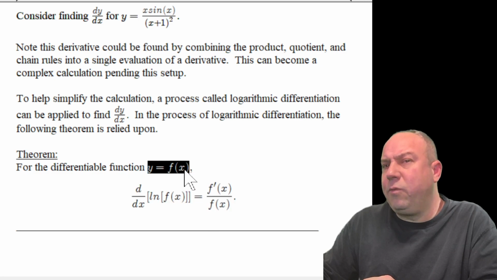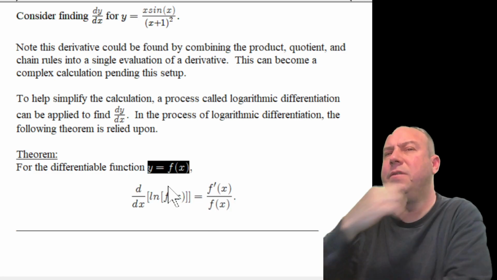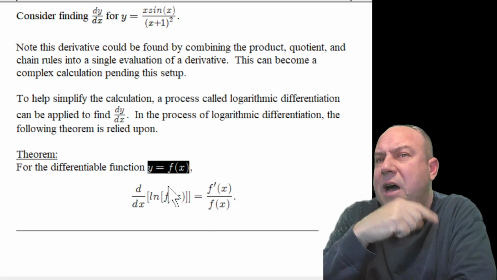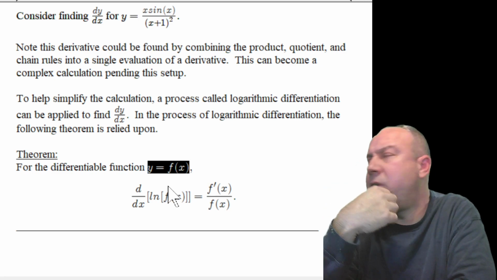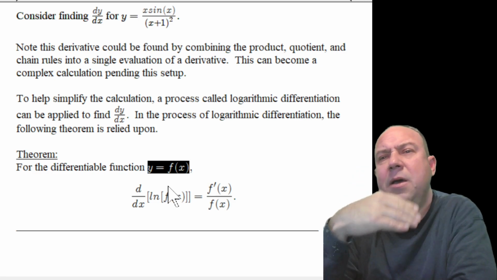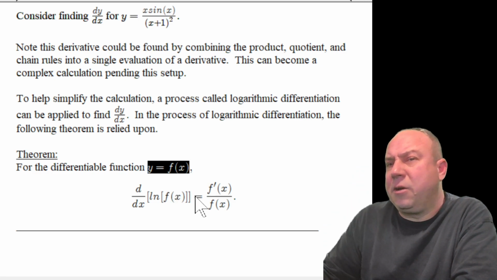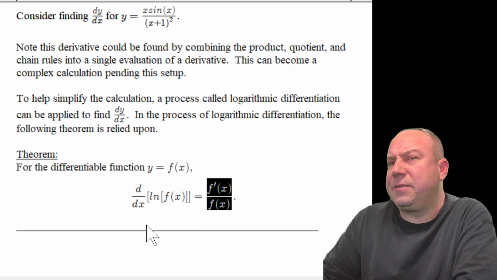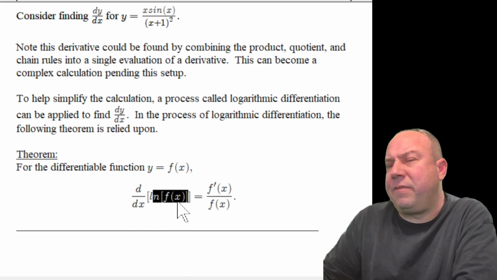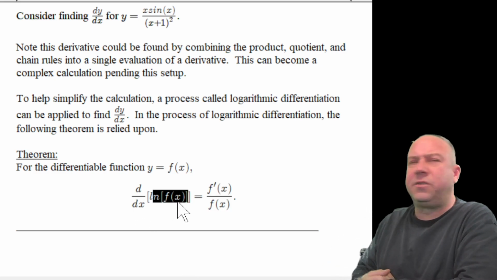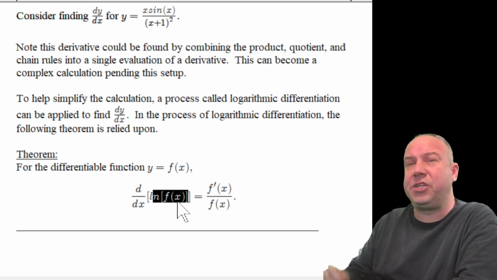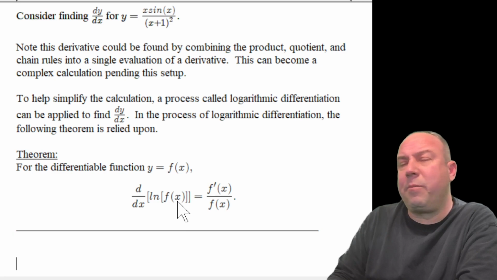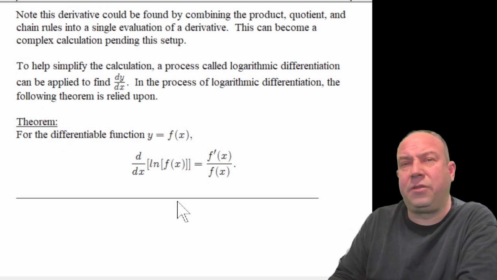The derivative will involve f prime of x, the derivative of our function y equals f of x, being divided by the original function f of x. This is going to be a really useful result in what we call logarithmic differentiation. This is the primary derivative result that we rely upon.